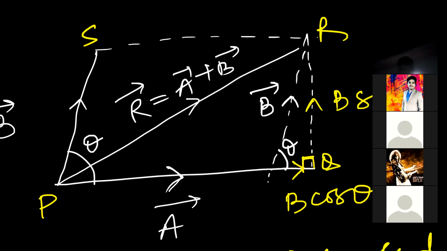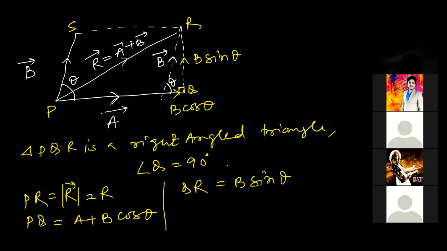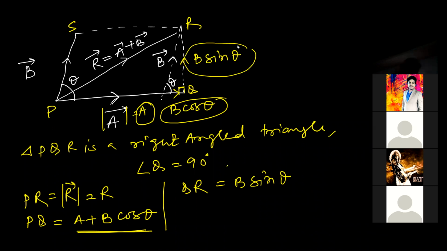Yes, sir. Okay. So along the base, I have added the components like the magnitude of A vector. Let me write down the magnitude of A vector. This is equal to A. So along the base, the two components are working. One is A, another is B cos theta. So that's why I have added them. Along the perpendicular, only B sine theta is working.